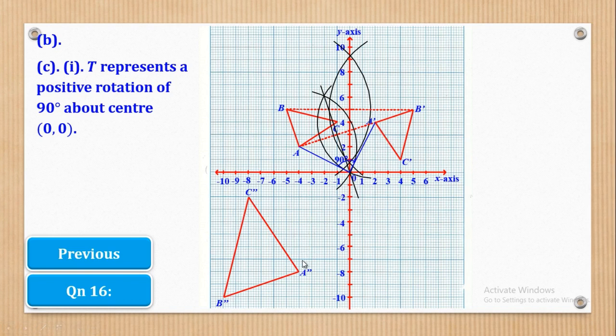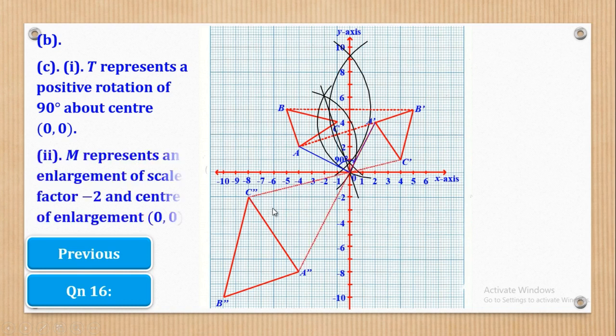We shall draw a line from A prime to A double prime, and also from C prime to C double prime, and see if they intersect. If they intersect, it is an enlargement. If not, it will be a rotation. When I draw those lines, they intersect at the origin 0, 0, meaning the origin will be the center of enlargement.